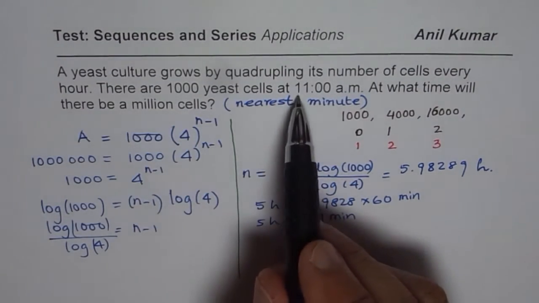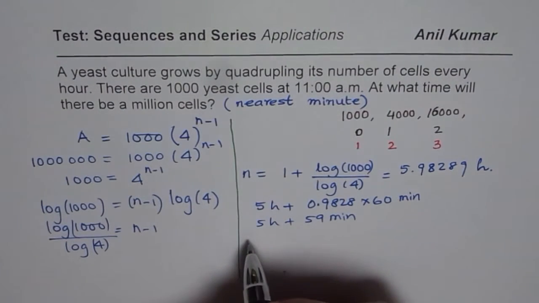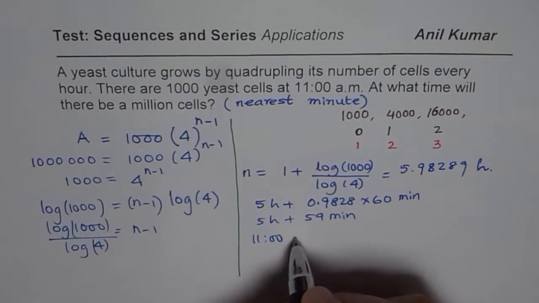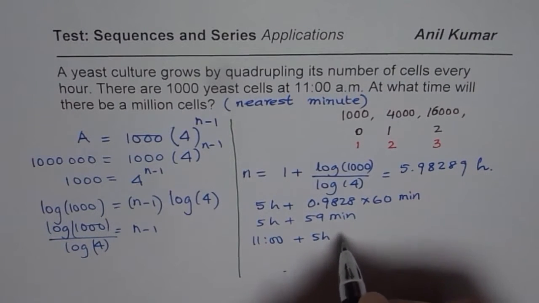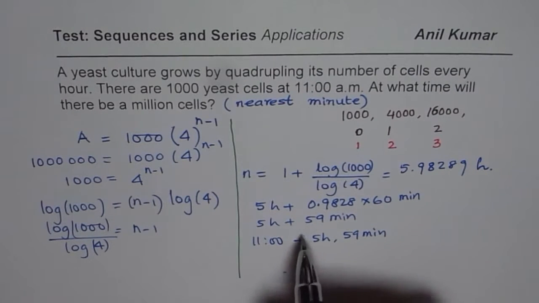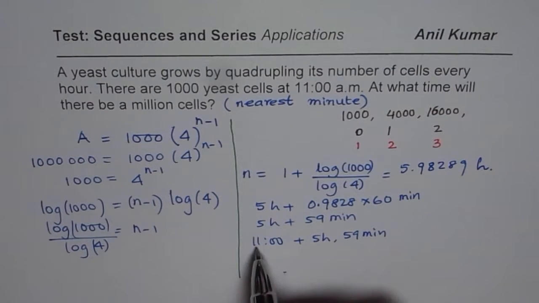So since we started at 11 a.m., the time should be 11 a.m. plus 5 hours and 59 minutes. If I add 5 hours, I get 12, and then 1 p.m., 2, right?